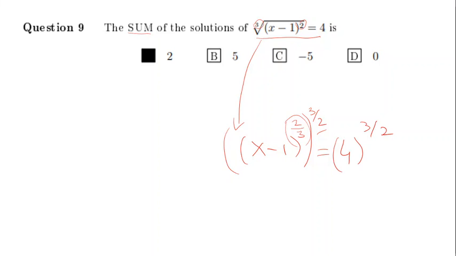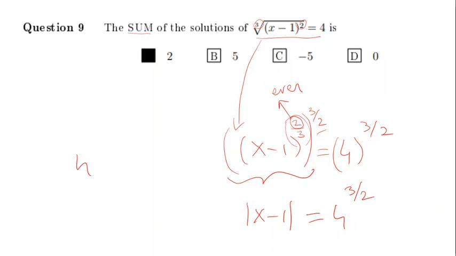And here, since it's even, so this will be equal to the absolute value of x minus 1, which is equal to 4 to the 3/2 power. Okay, what is this?